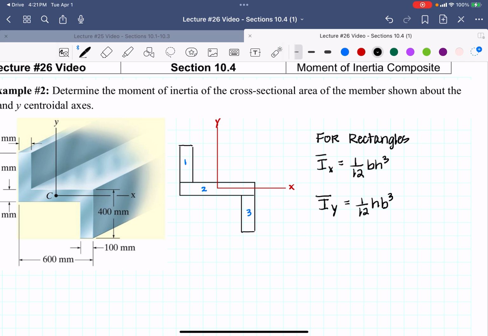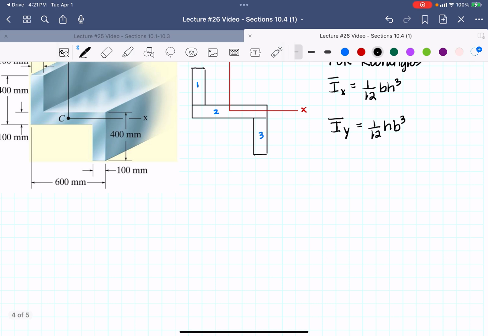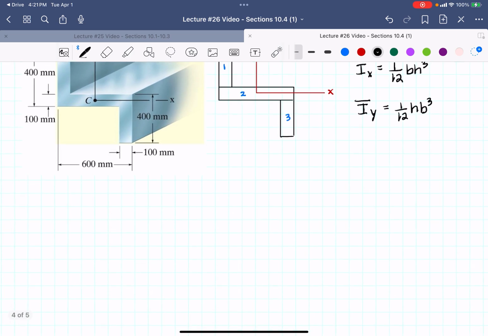So let's find our I of X first. So I'm going to start my table and make this kind of small because I got to fit everything in. So I'm going to have the part number, then I'm going to have the area, then I need the perpendicular distance to the centroid.